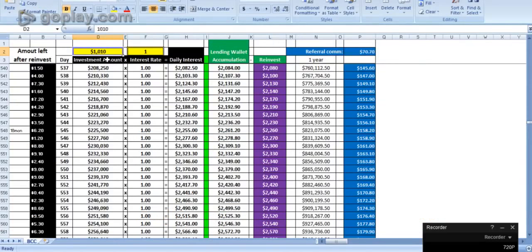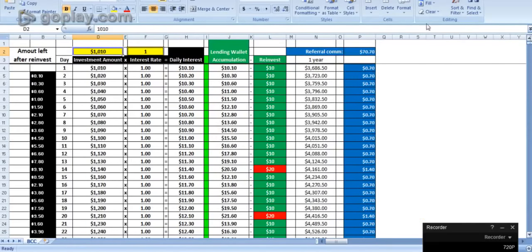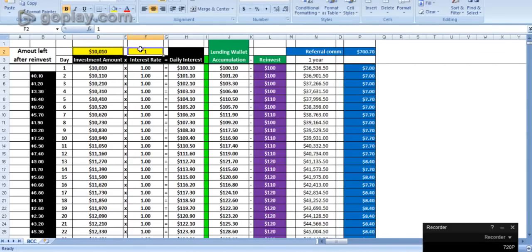Let me go back to the beginning. Let's say you did an initial loan of $10,010. We're still working with the 0.9, but now you'll get the automatic 0.25 extra daily interest guaranteed. So now instead of 0.9, you're going to be at 1.15 daily interest.